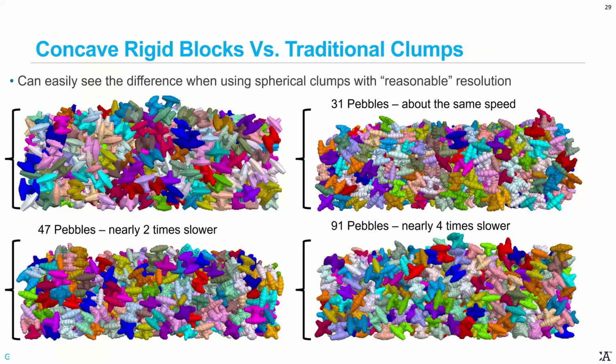So if I actually look at the top left figure, this is using rigid blocks as the clumps. So 5 rigid blocks making up one clump, one dolos, and allowing those to settle. This is the result with 31 pebble clumps. And so this is about the same computational speed, but you can see quite a difference in the amount of packing. This is just being settled under gravity. There's no shaking or any other input to the model.